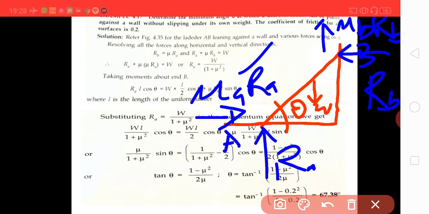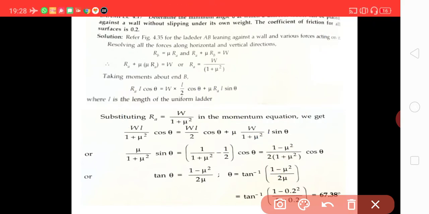Substituting RA equal to W upon 1 plus mu square from here, WL upon 1 plus mu square into cos theta equal to W into L by 2 cos theta plus mu W upon 1 plus mu square L sin theta.